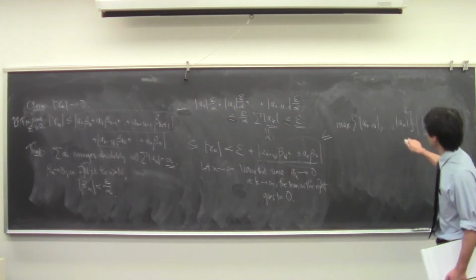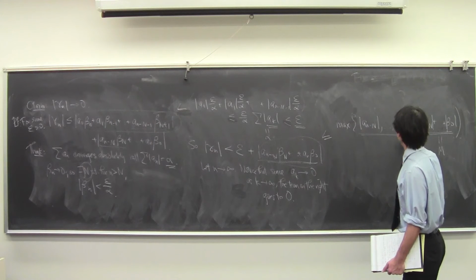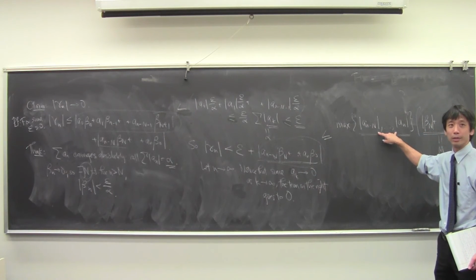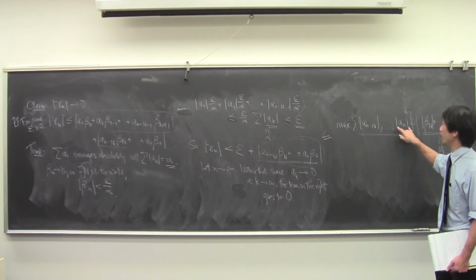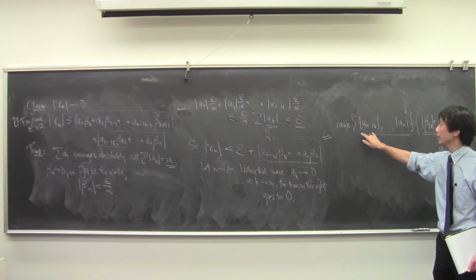Now we're letting little n go to infinity. As little n goes to infinity, nothing happens to this. This is a constant. But as n goes to infinity, this max goes to 0, because you're looking at the max of N terms from a_n down to a_{n-N}.